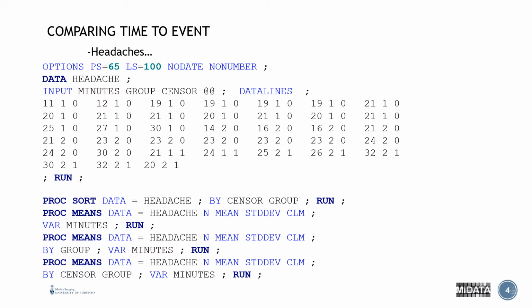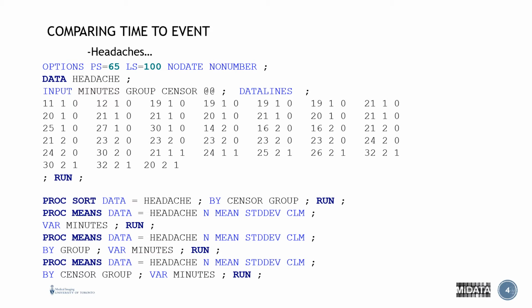And for various reasons. It can be that they left the study. It could be that they no longer want to participate in the study. It just simply means they're not available for measure, and we don't know why. It doesn't mean that the event occurred. It means that we can no longer get any more data on them. So they are what you would call censored.